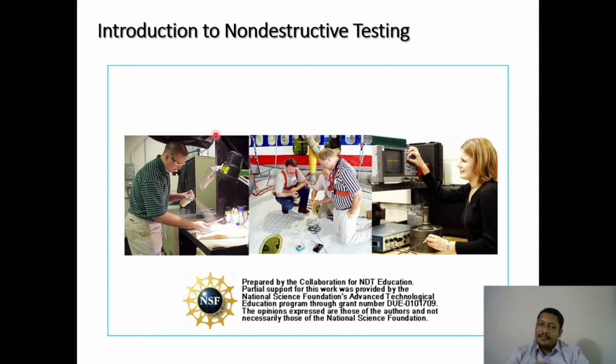The slides from here onwards, whatever I am showing you, are just copied and pasted from the NDT website. I have not altered or modified anything. I am showing only the minimum required. For more information, you have to refer to the ndt.org website.